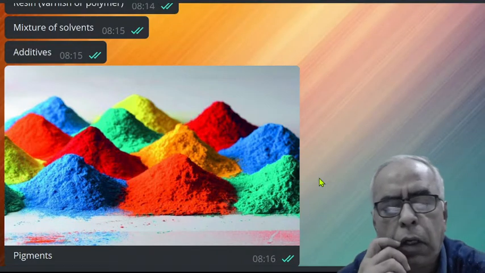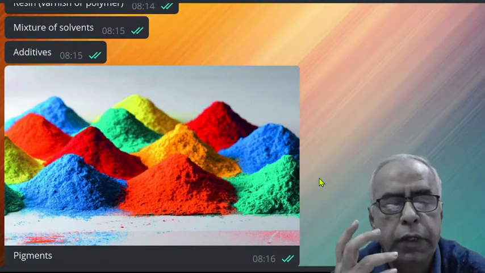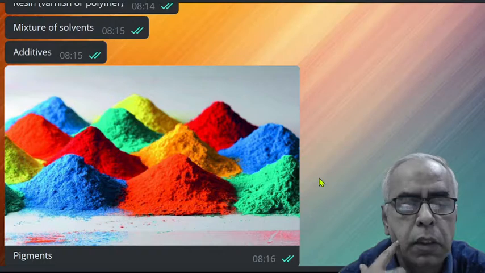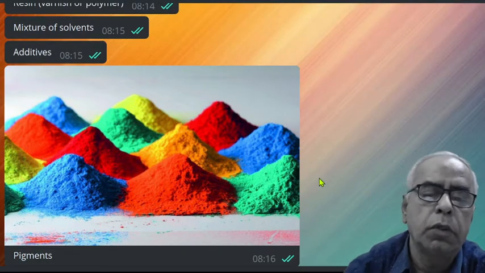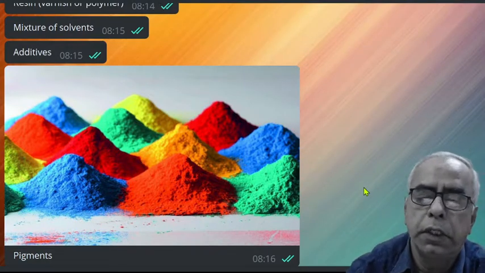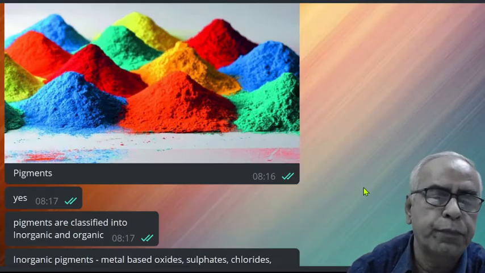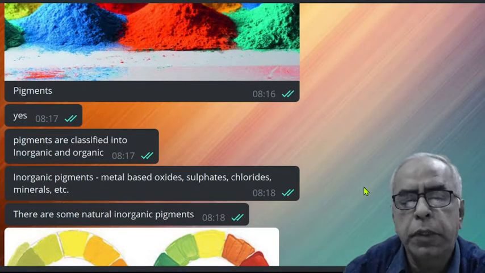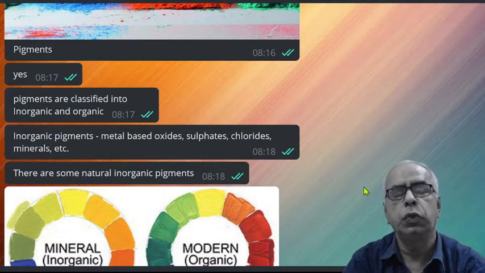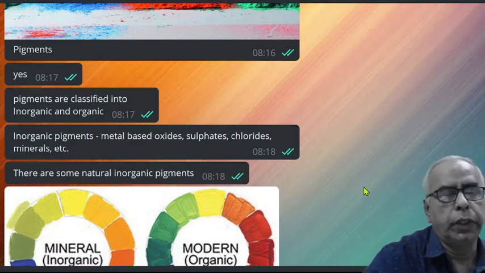When we think of paint, we are very much interested in colors. And pigments are responsible for imparting colors. They are the coloring matter. In fact, pigments can be broadly classified into inorganic and organic.